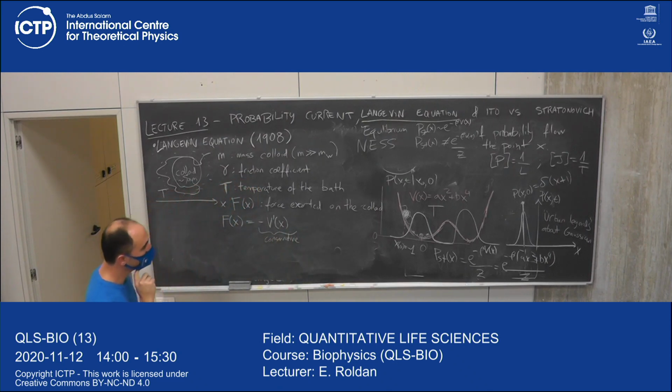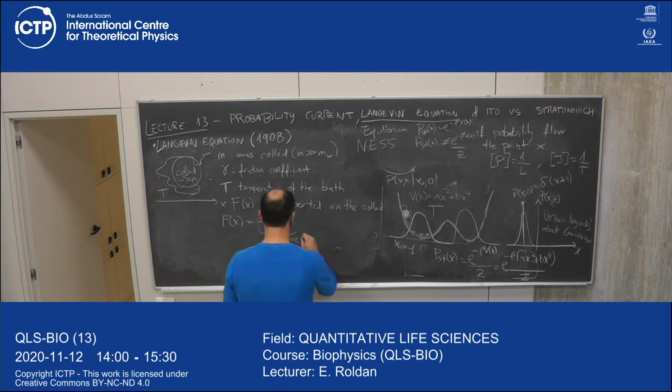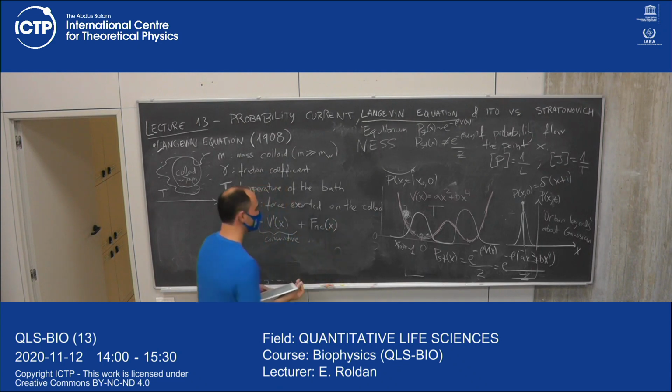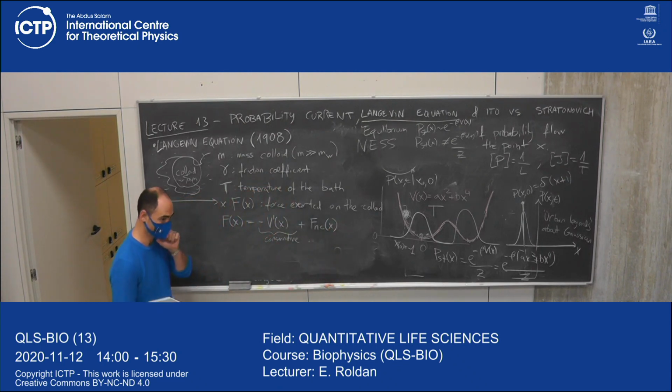But secondly, there could be non-conservative forces. Forces that do not come from a potential. Maybe small f is not good, because I used it before for something else. Let me just call it F NC of X. This does not come from a potential.